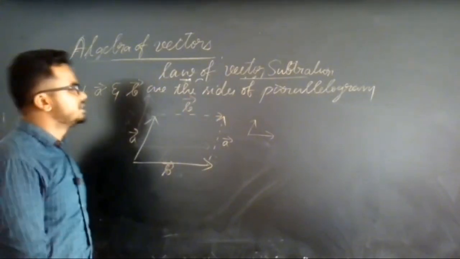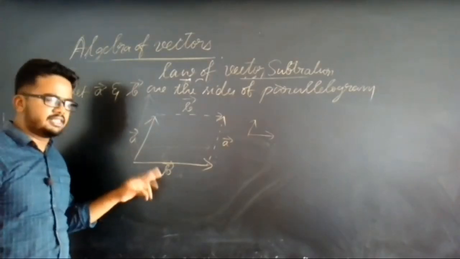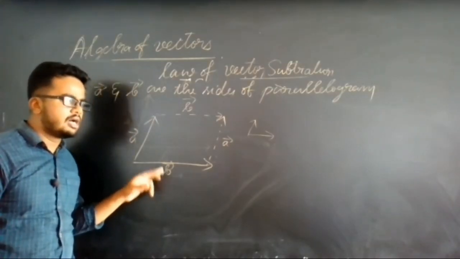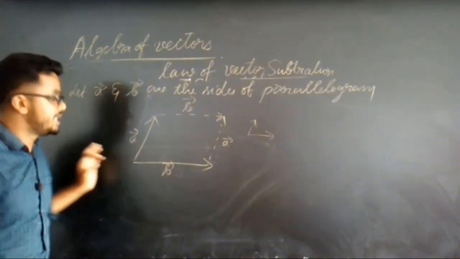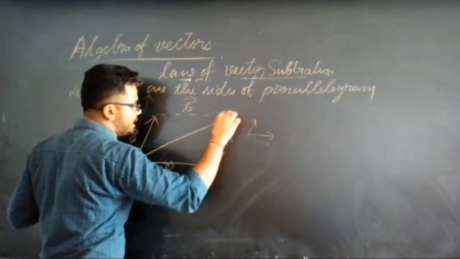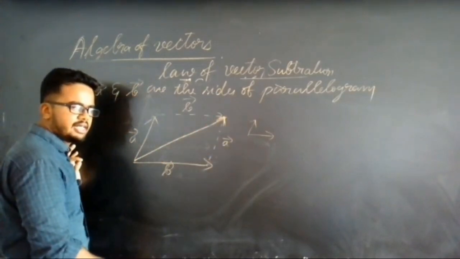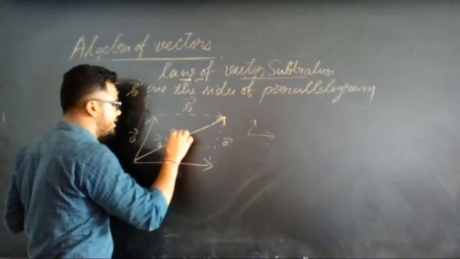Now, if we consider two vectors as the sides of a parallelogram, then the resultant will be formed on the diagonal.